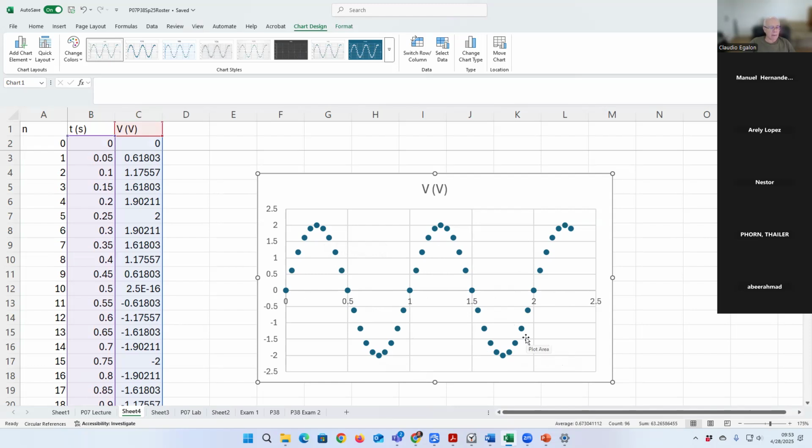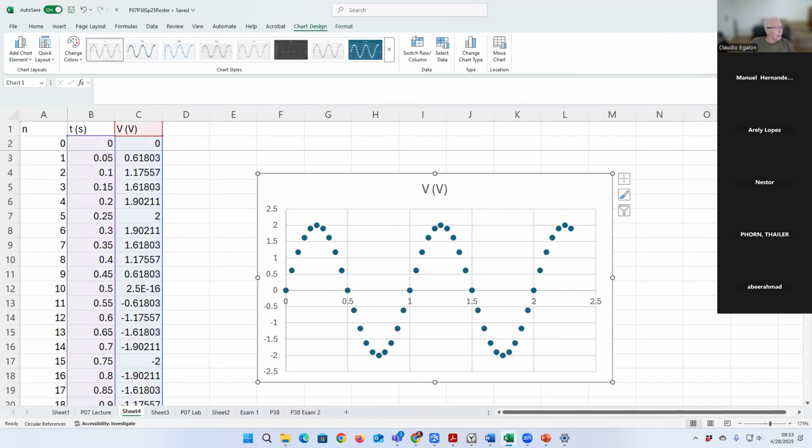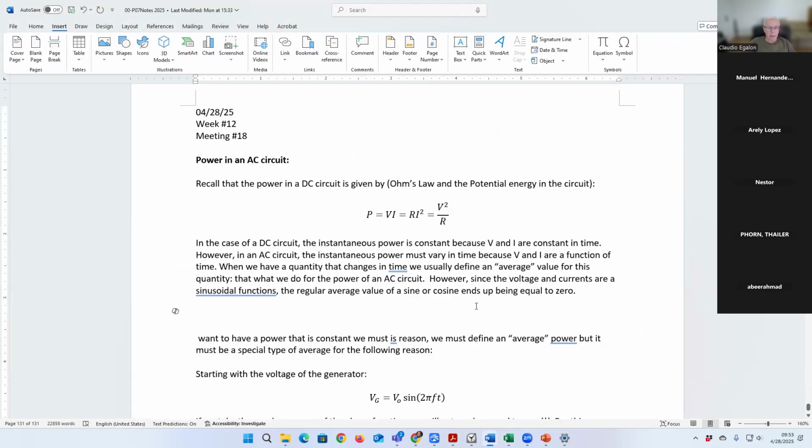So that's the problem that we encounter when we deal with average values of an AC circuit. However, since the voltage and currents are sinusoidal functions, the regular average value of a sine or cosine ends up being equal to 0.